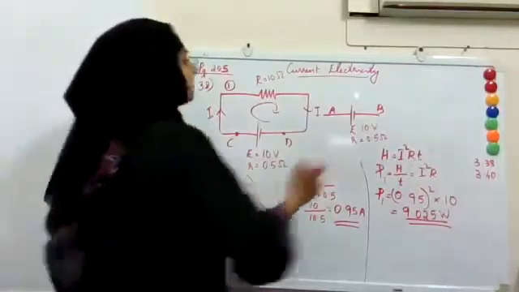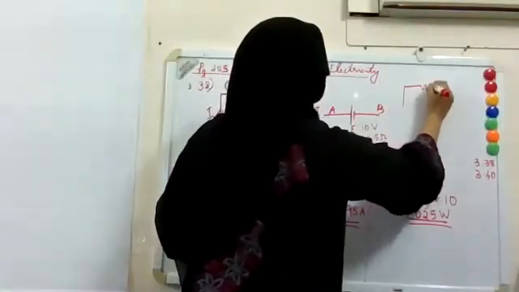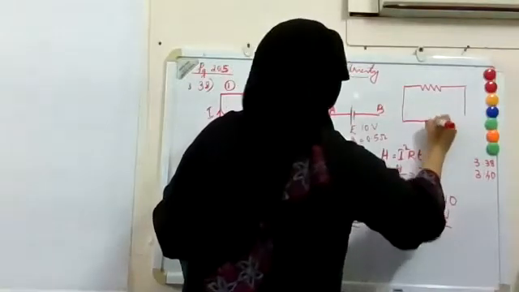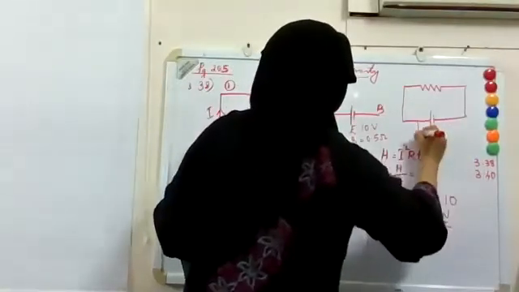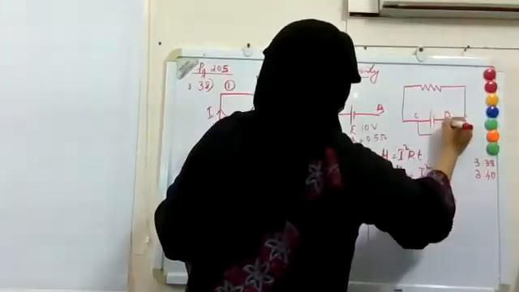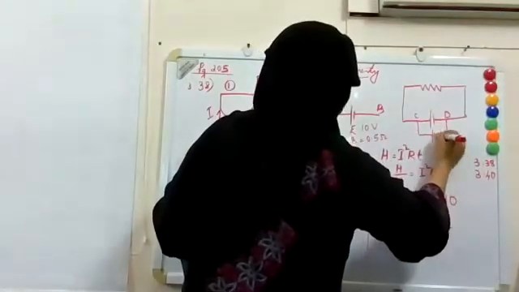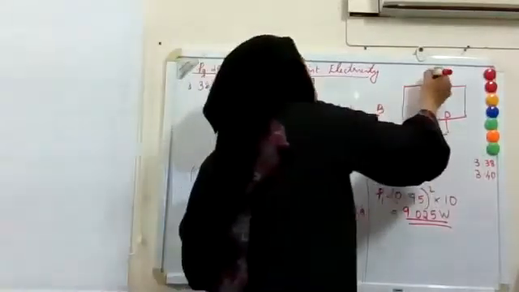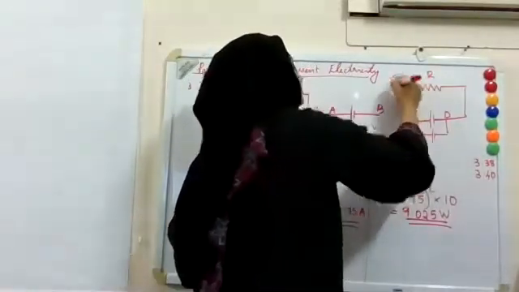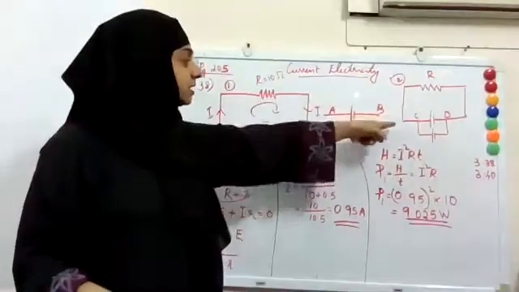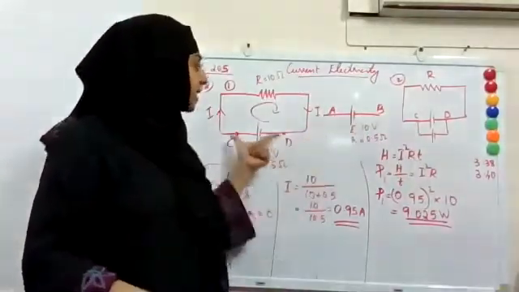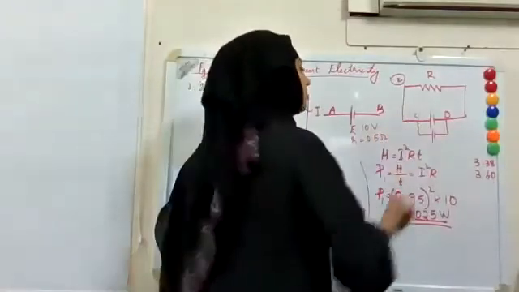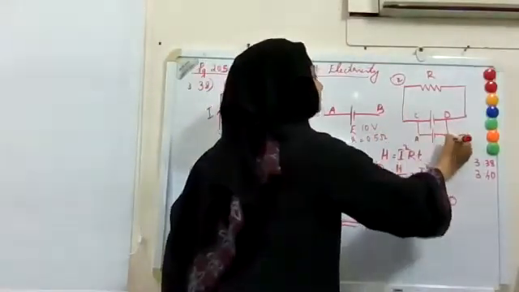Second case, we have to consider when this cell AB is connected parallel. We already have a cell here, and at CD, we are connecting a new cell of the same EMF and internal resistance. So this is the second case. Okay, we are connecting that cell AB parallel to CD.